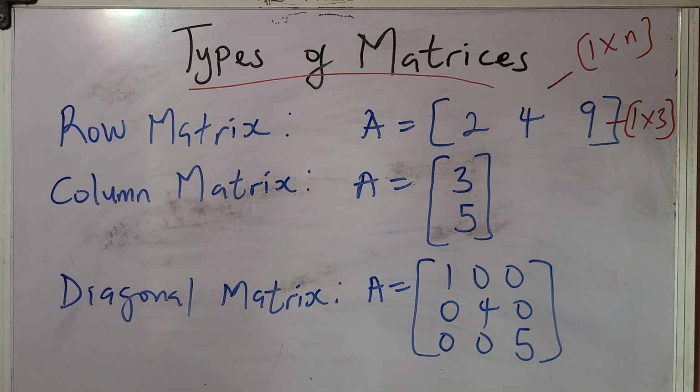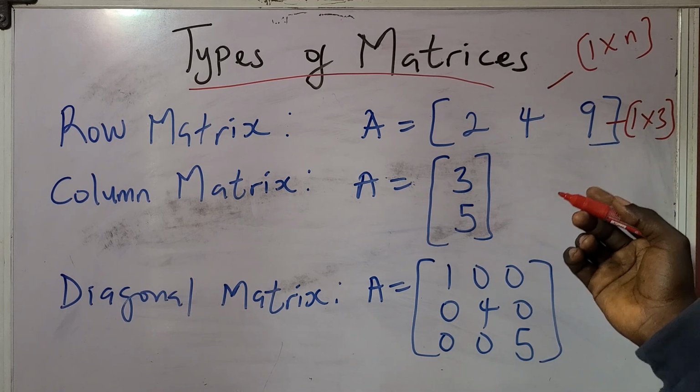Now, let's go briefly to the column matrix. In a column matrix, we have a similar matrix to the row matrix, but in this case, we'll be having just one column. Under the column matrix, we can only have one column, but we can have several rows.